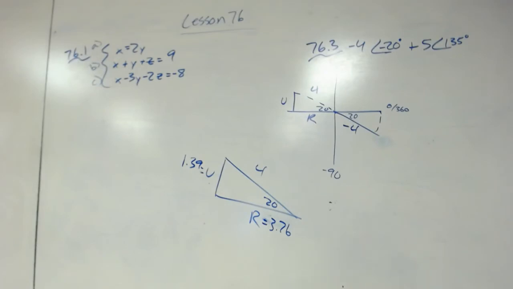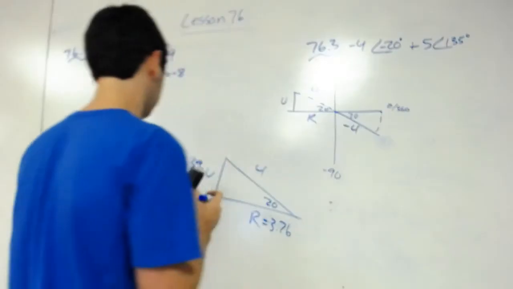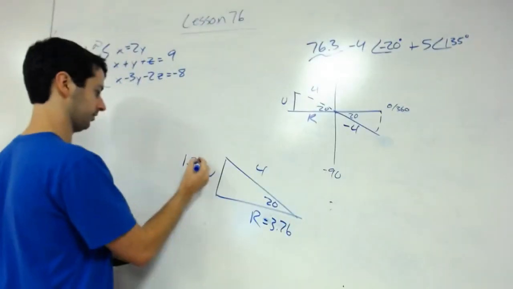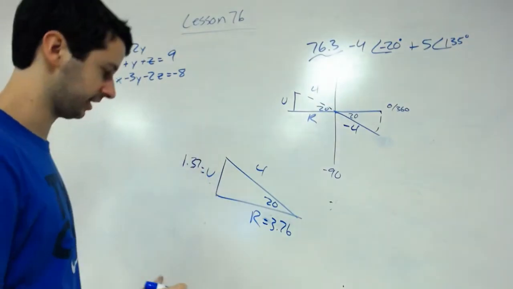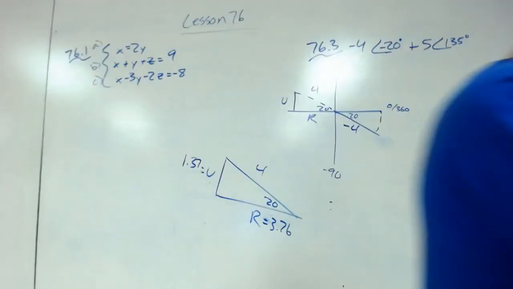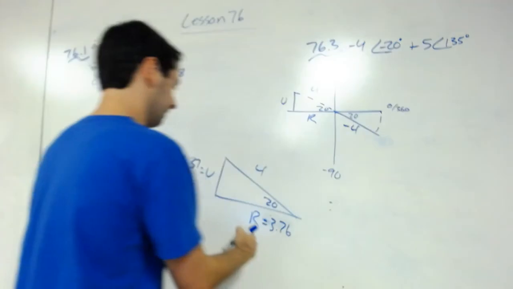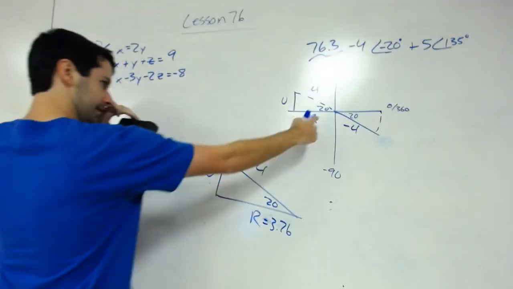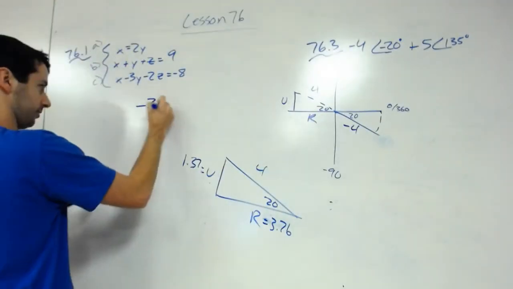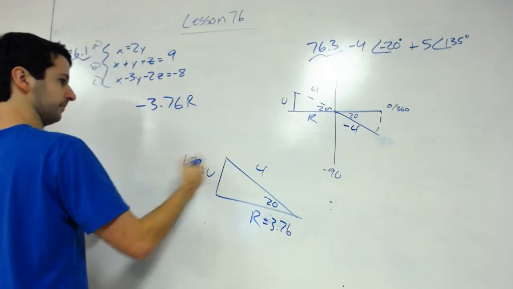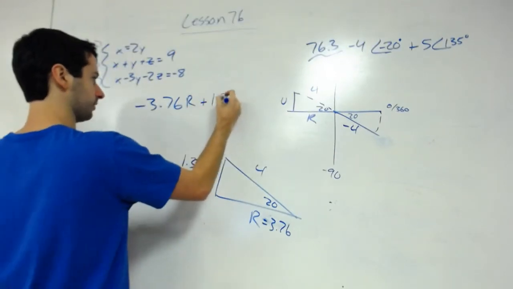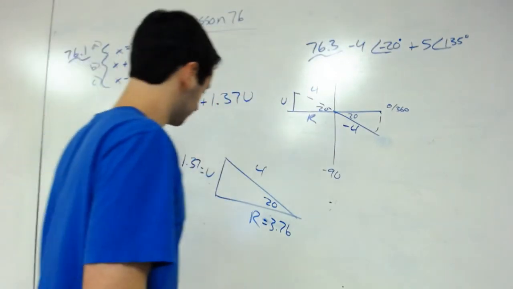Apparently it's more like 1.37, somewhere in that ballpark. Now, since this is going negative this way, it's negative 3.76r, and it's positive, so plus 1.37u. So we got that one down.